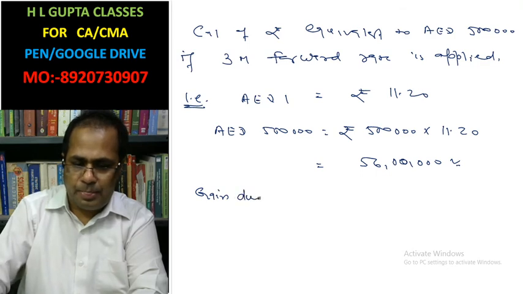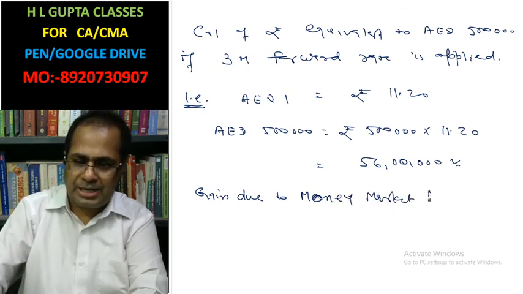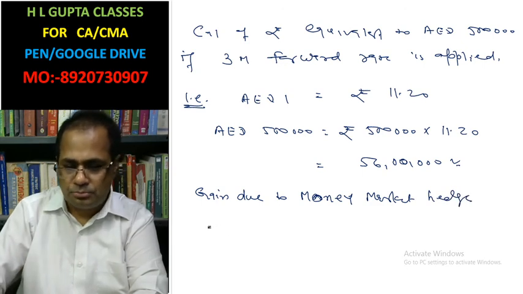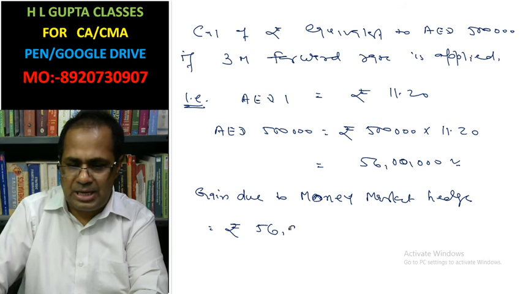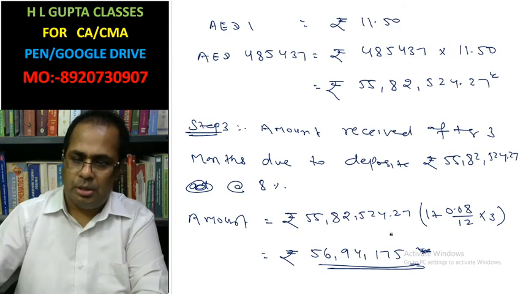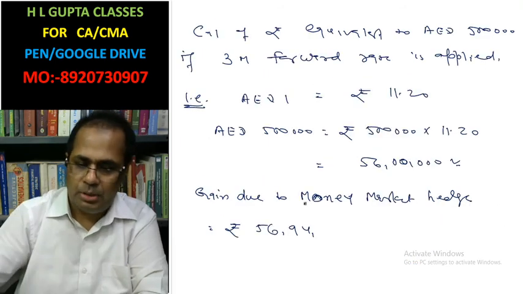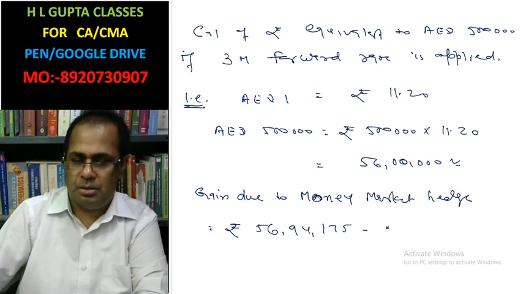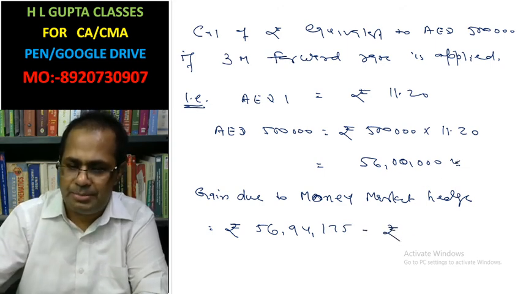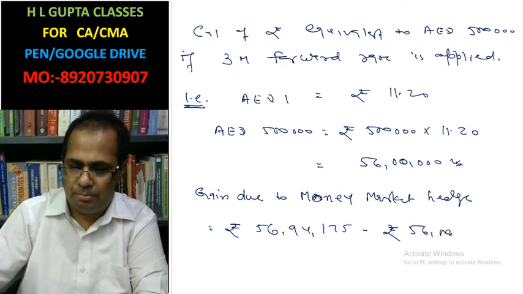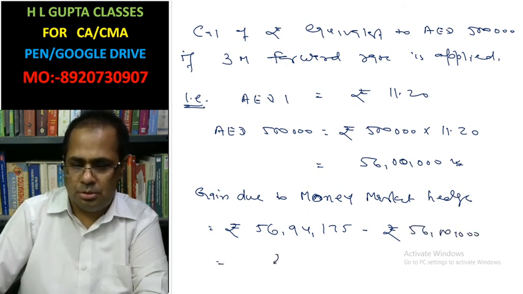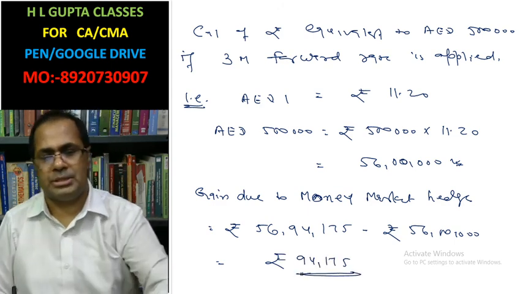Gain due to money market hedge: rupees 56 lakh 94,175 as per money market, but as per forward contract you are receiving just 56 lakh, so the gain is rupees 94,175 due to money market operation.